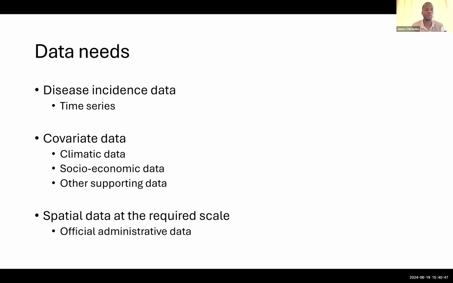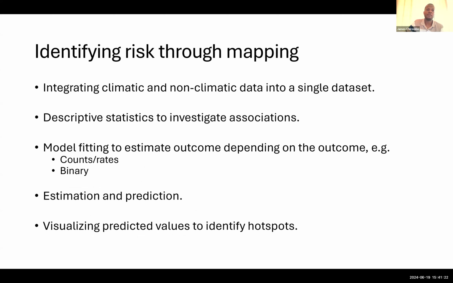If you're building statistical models, it might be a good idea to control for any possible socioeconomic indicators, and really any other data that can potentially affect the disease outcome. It has value to take account of them in the data analysis. And lastly, it's the usual: the spatial data, you need it at the required scale to do the risk mapping, using the different sources that I just highlighted in the previous slide.